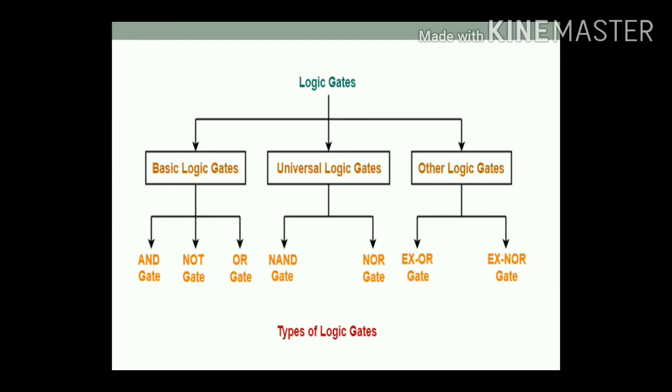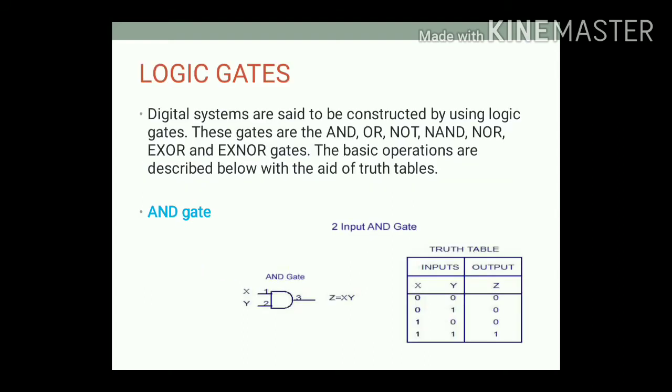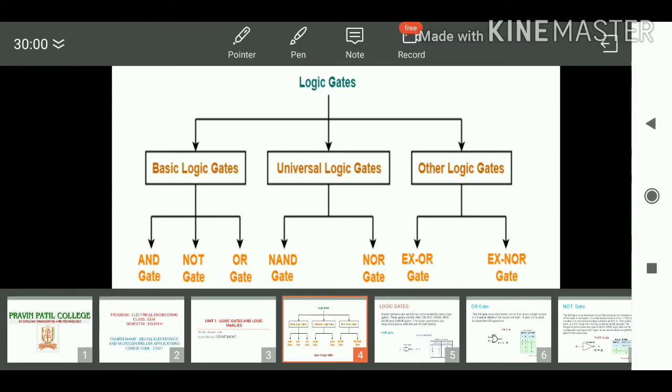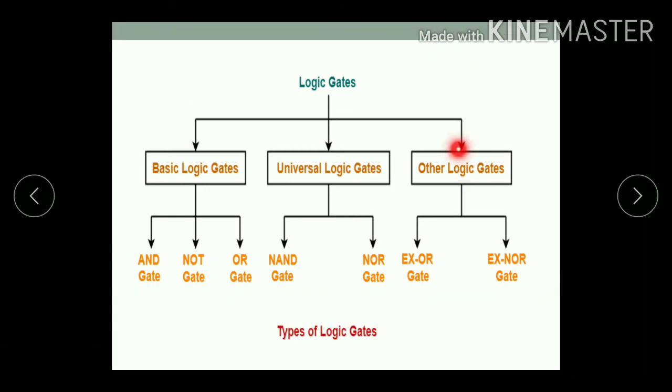In that, the logic gates is classified into 3 categories. First is basic logic gates. Second one is universal logic gate, and third one is other logic gates. Other logic gates is also called as derived gates.